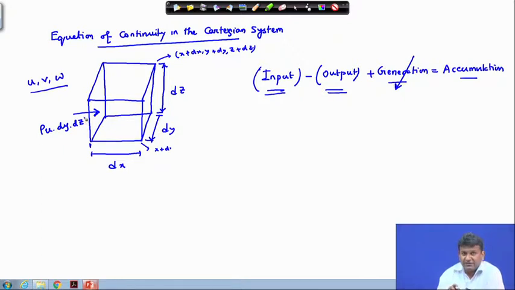This is the rate of mass entering because you have a velocity term which is per unit time, and this is evaluated at x. The mass that is leaving from the right face over here is rho u, or let me write it with full rigor.